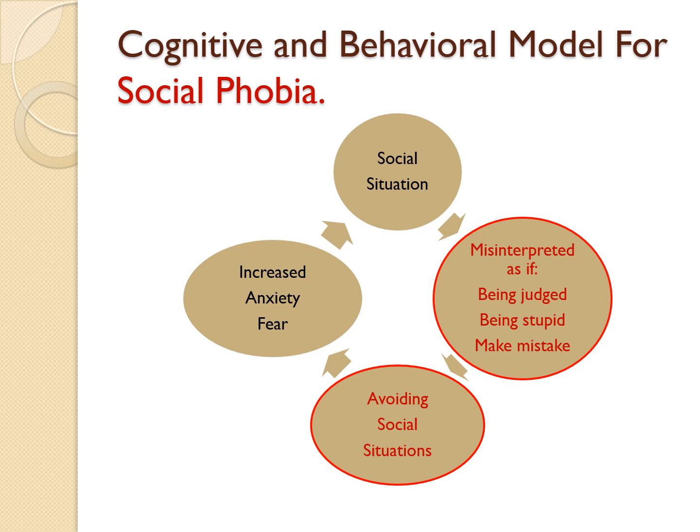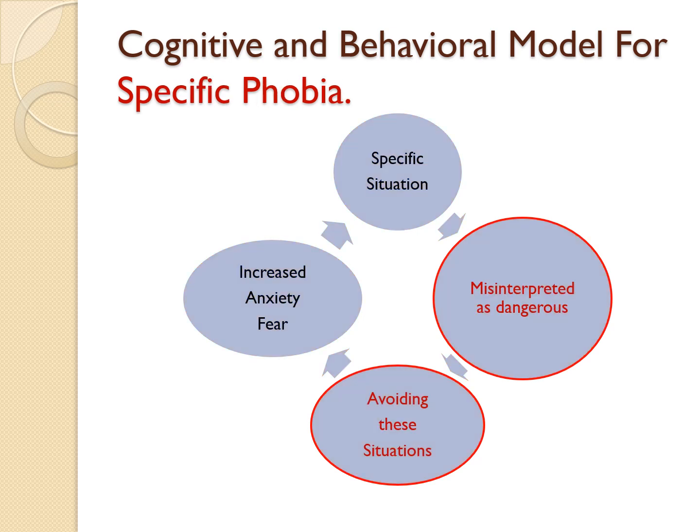So this is the cognitive part, and the behavioral part is avoiding social situations. In specific phobia, the specific situation is misinterpreted as a dangerous situation, and avoiding these specific situations occurs as the behavioral part in specific phobias.